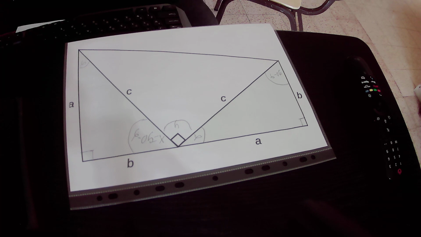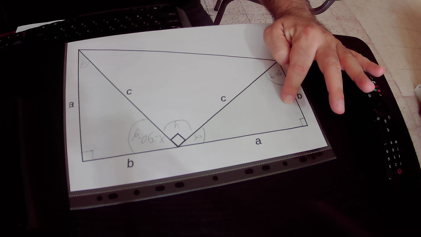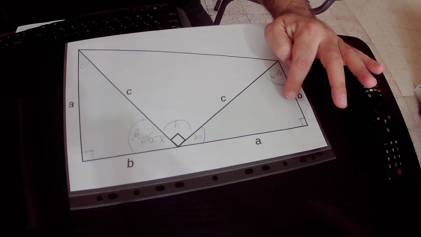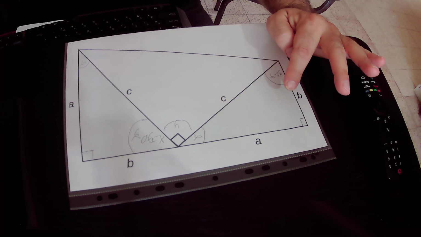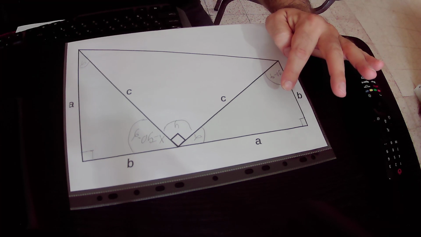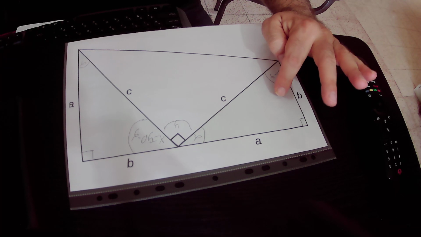so let's assume that the right angled triangle is ABC, and it has the right angle, and we want to prove that a squared plus b squared equals c squared. And now we actually made a copy of this right angled triangle.